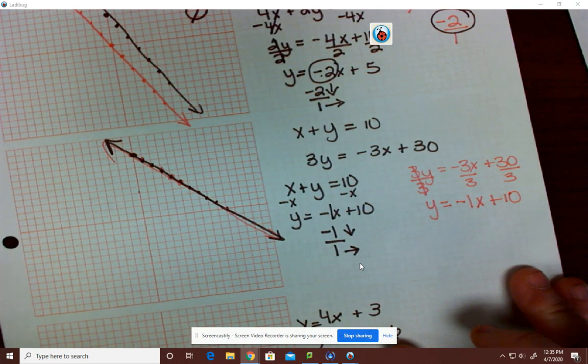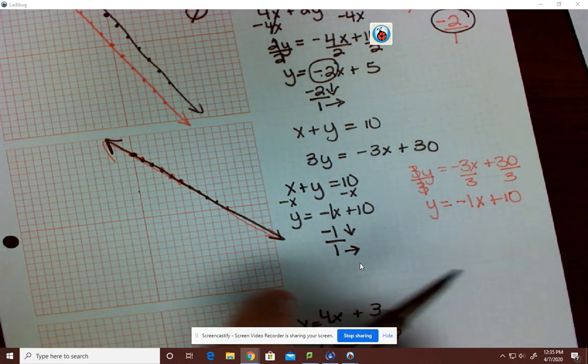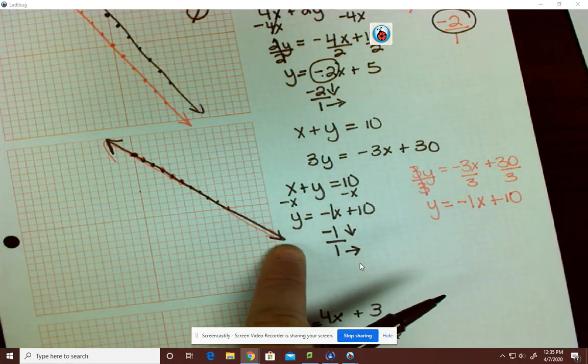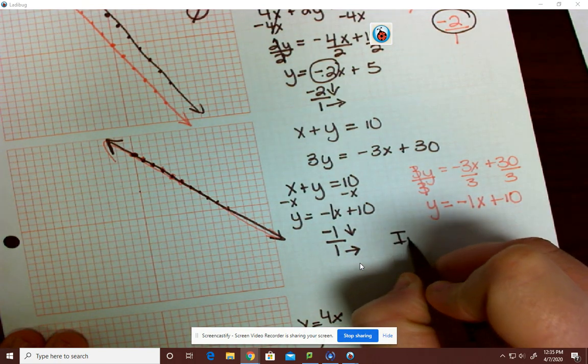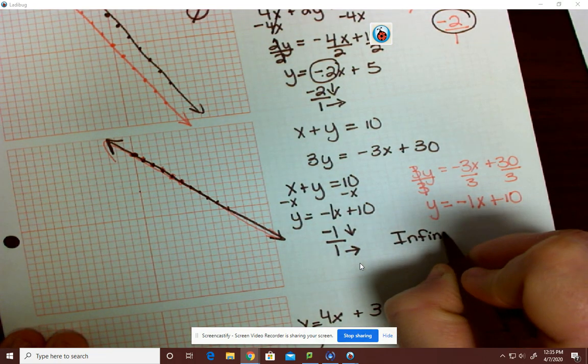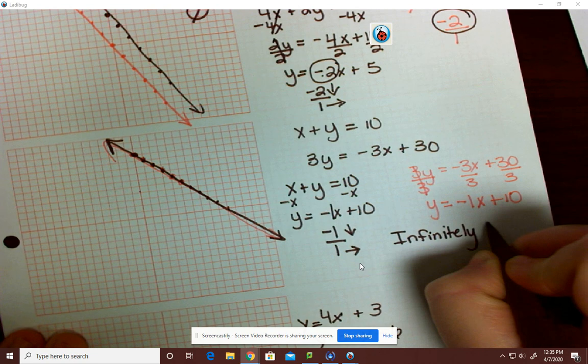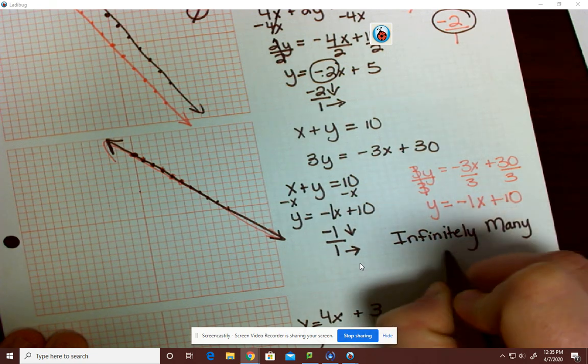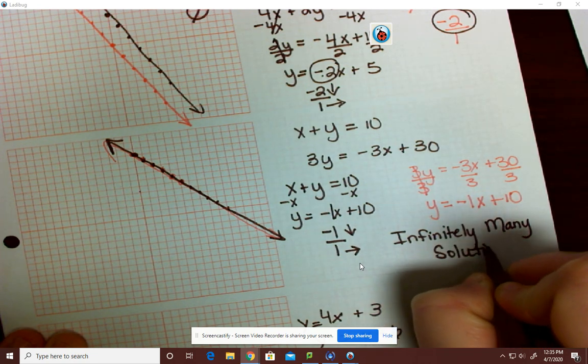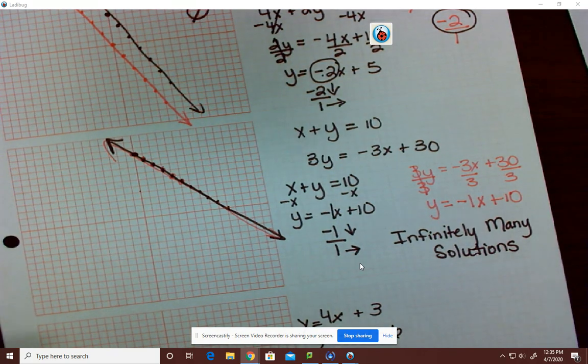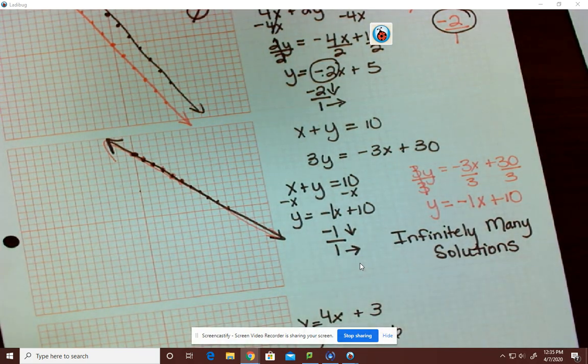They're the exact same line. So that means they intersect everywhere. So that means there are infinitely many solutions, because every single point on those lines are solutions, because they intersect everywhere at every single point. So there's an infinite number of solutions.